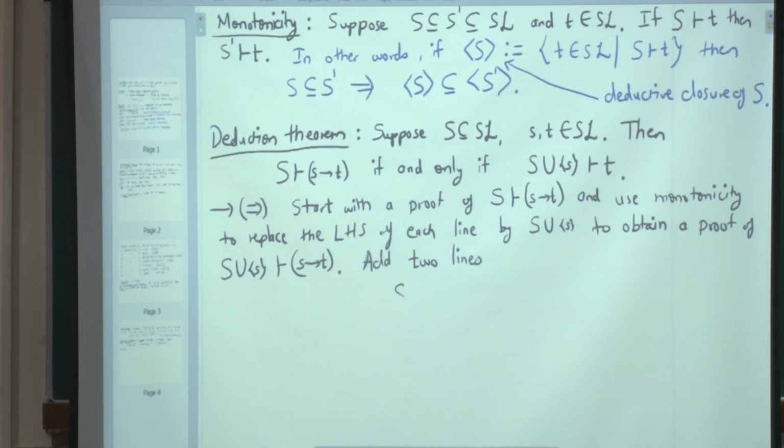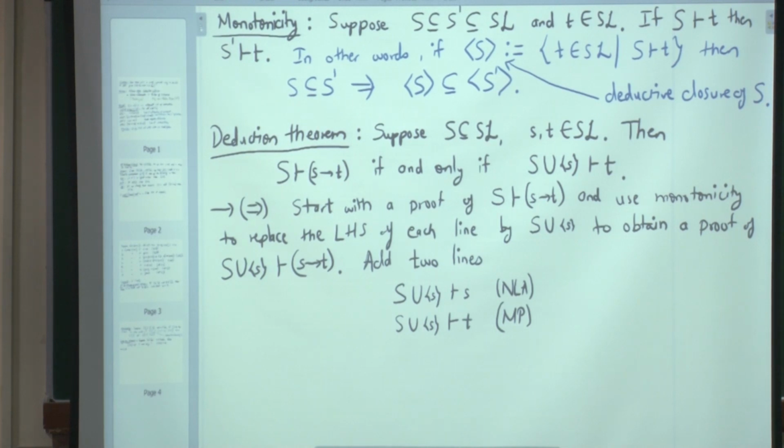What is the first line? S union singleton s, and then done. So one side is quite simple. Yeah, so this side of the proof is done now. So we obtained the proof of just T from this.